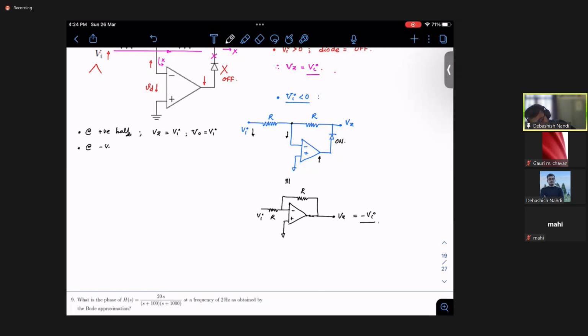At negative half, your Vx is minus Vi. That means your V naught is minus Vi, right? So how will your output look like?